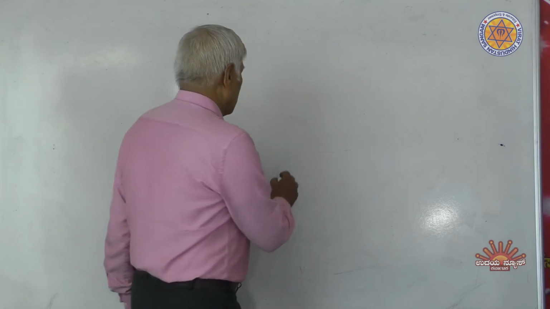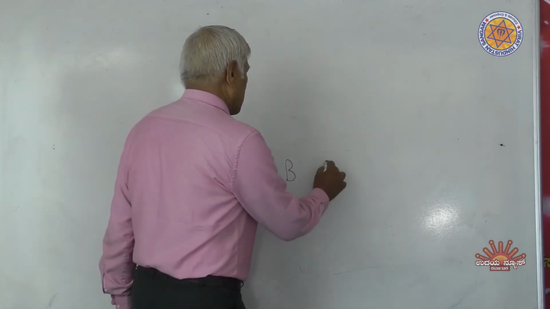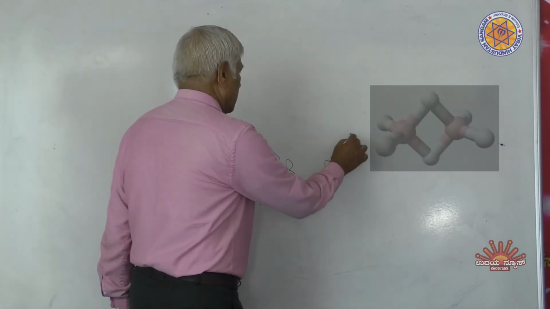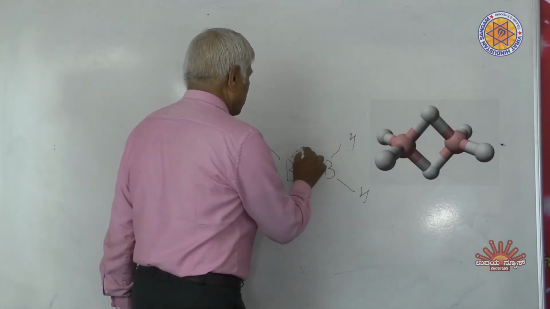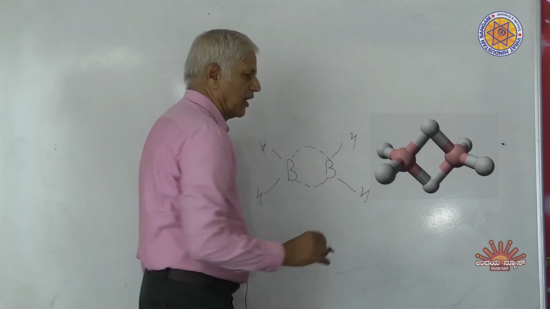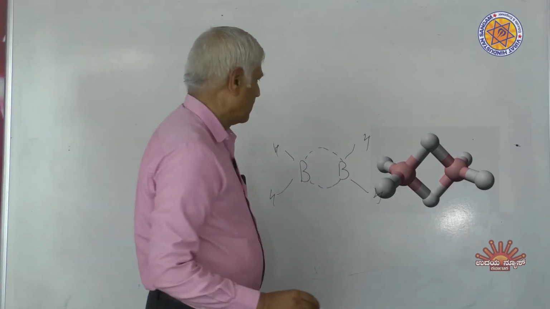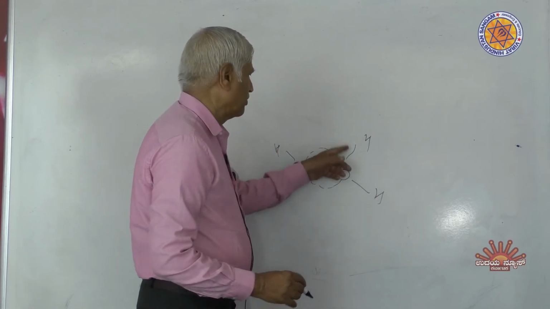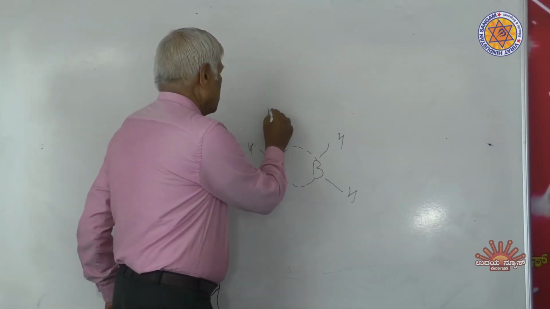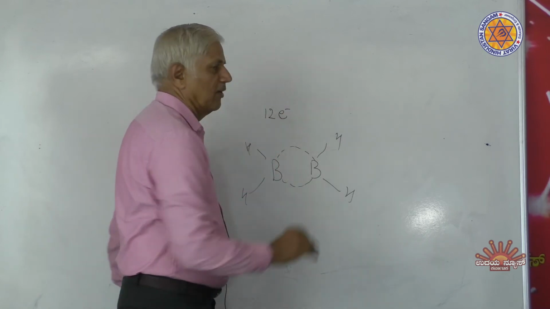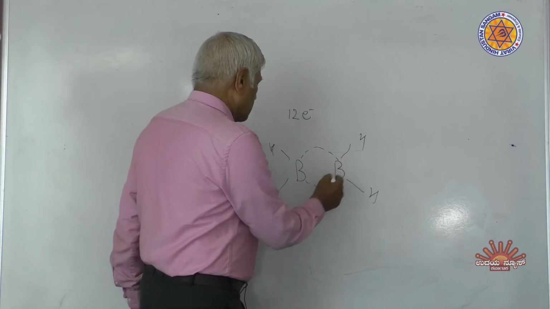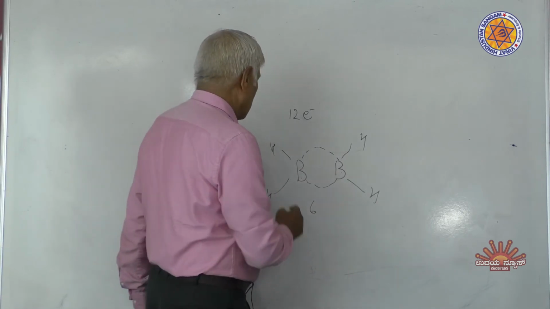BH3, yes, in the previous question paper also we were getting a question on this. A peculiar molecule, it has no sufficient electrons to form required number of bonds. Actually, 1, 2, 3, 4, 5, 6. For 6 bonds we need minimum of 12 electrons, 6 into 2. But boron atoms put together have 6 valence electrons.